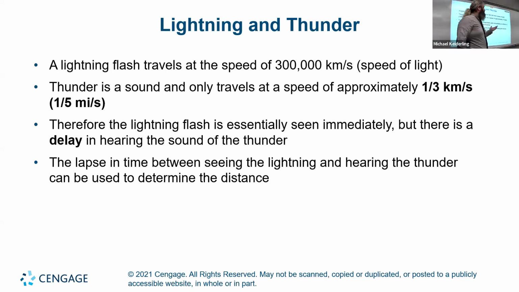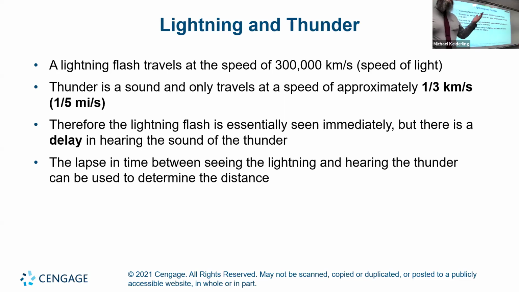So a lightning flash travels at the speed of light, which is 300,000 kilometers per second. On the scales of the Earth, it's more or less instant. It's very, very fast. But thunder is sound and only travels at about a third of a kilometer per second, so like a millionth of the speed of light.